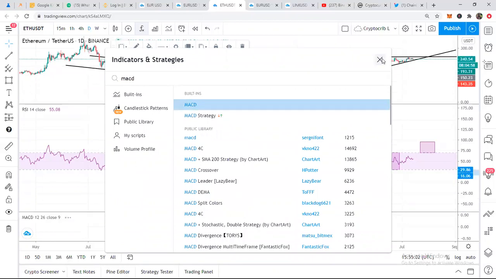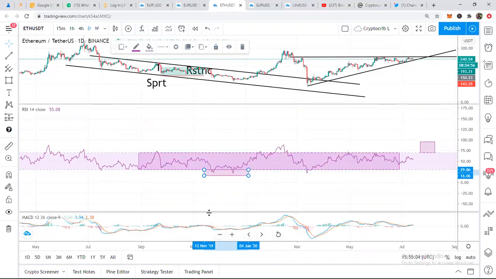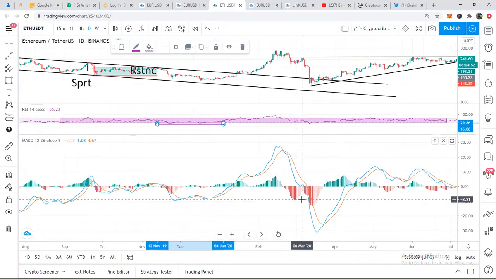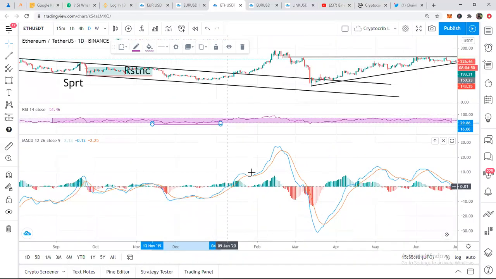All right. So this is MACD. These lines and these inverted candlesticks or bars and the up part.